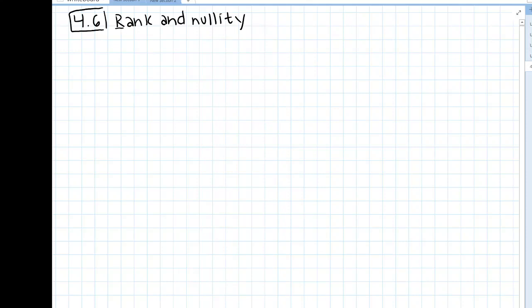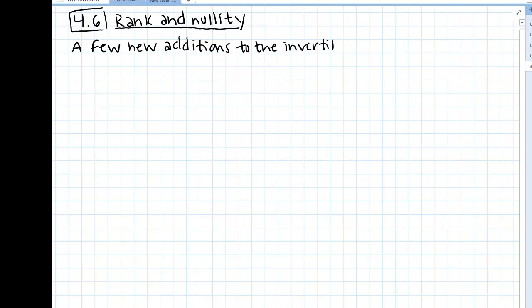Now that we have the language of rank and nullity, there are a few new additions we can add to our invertible matrix theorem.